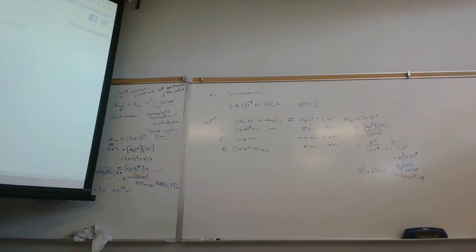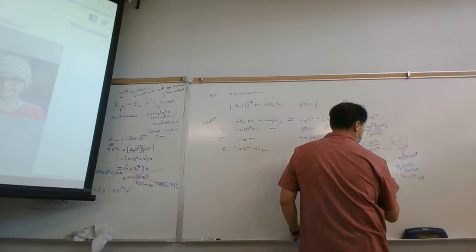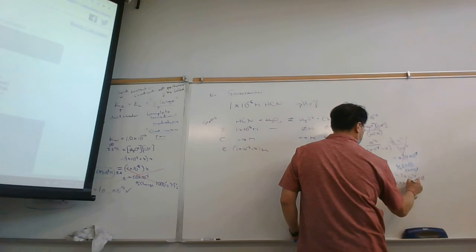Let's calculate that. So I get an x value equal to 2.1992 times 10 to the minus 9. X is equal to 2.1992 times 10 to the minus 9.